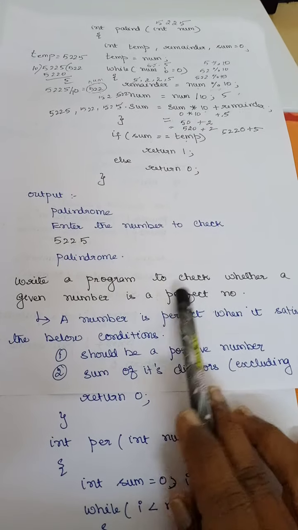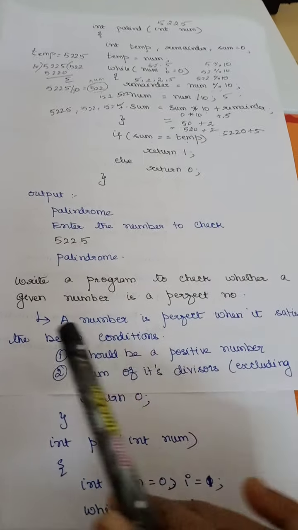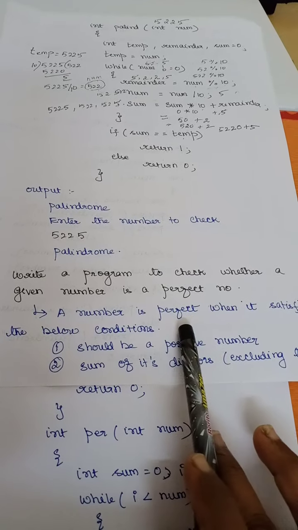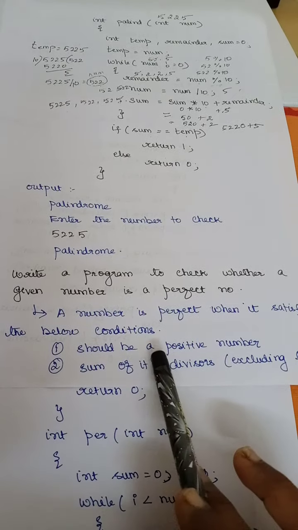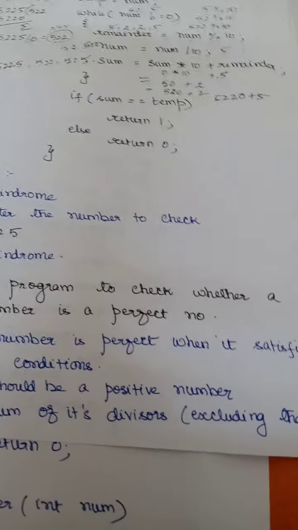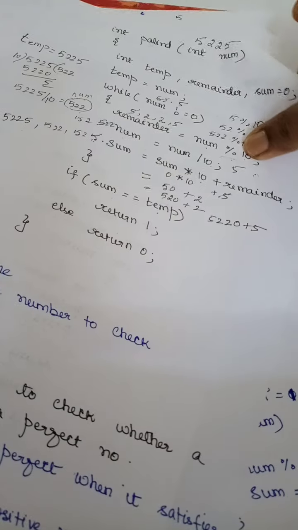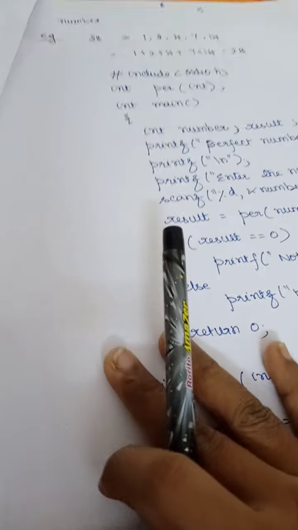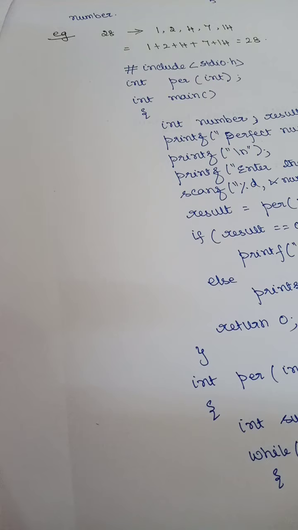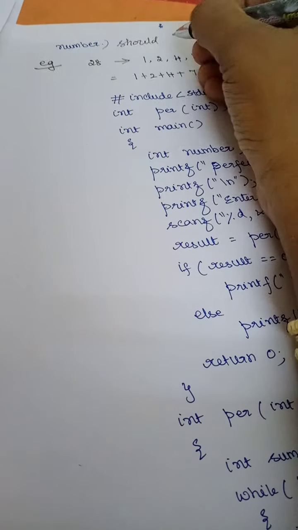Write a program to check whether a given number is a perfect number. So what do you mean by a perfect number? A number is said to be a perfect number when it satisfies the following conditions. It should be a positive number, and the sum of its divisors excluding that number should be equal to the number.